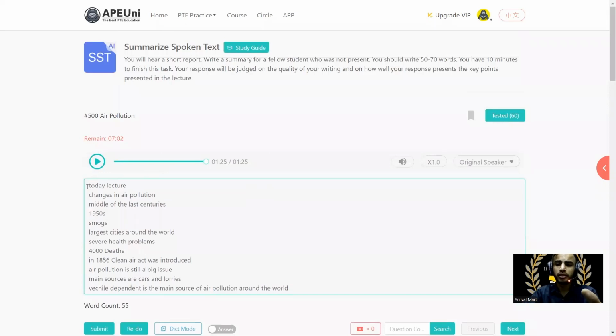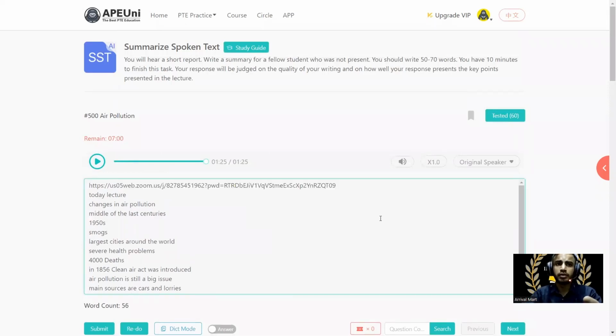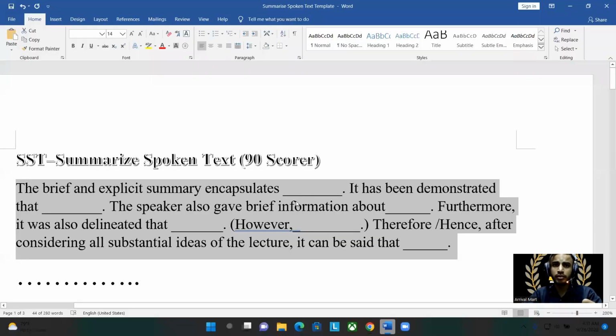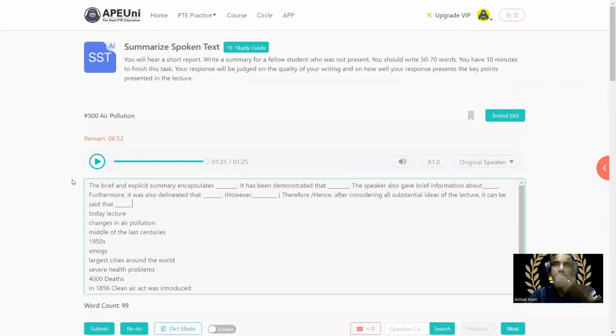Now let us paste the template here. Oh my god, sorry. Where are you? My template, here you are. Okay, now let's see. I will be using this over here. Encapsulates. I'll be using, like, unit arrange restructure as well about changes in air pollution.